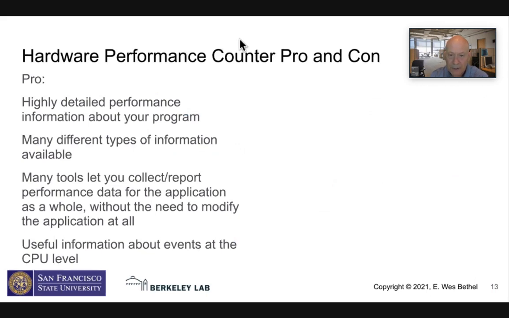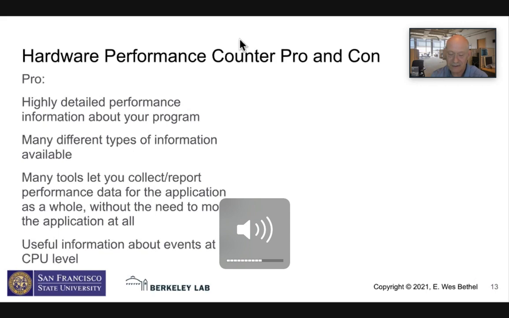So, pros and cons of working with hardware performance counter data. You can get a lot of really highly detailed information about your program's performance, just a ton of information. There's a lot of different information, from memory events to vector instructions versus scalar instructions, branch mispredictions, on and on.